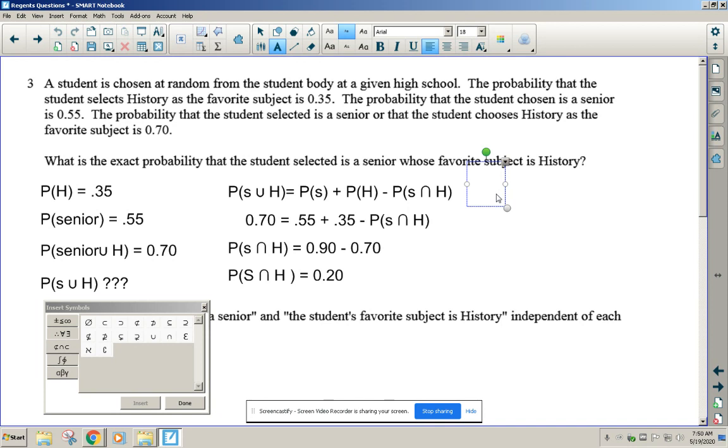So this now, the question they're asking me is to find the probability that you like history given you're a senior. And that now is going to come from the overlap history and senior, which is 0.20. And that is going to be over the probability that you're a senior.